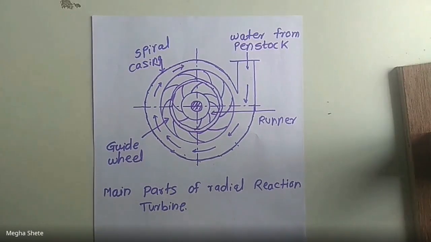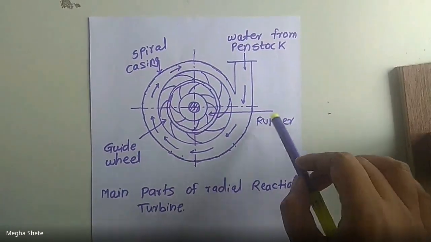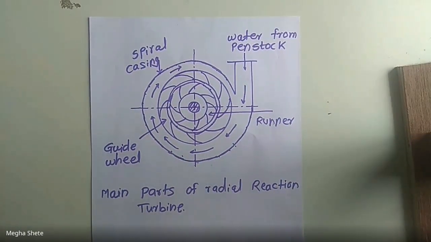The third part of the radial reaction turbine is the runner. Here it is shown as runner. The runner is a circular wheel on which a series of radial curved vanes are fixed.